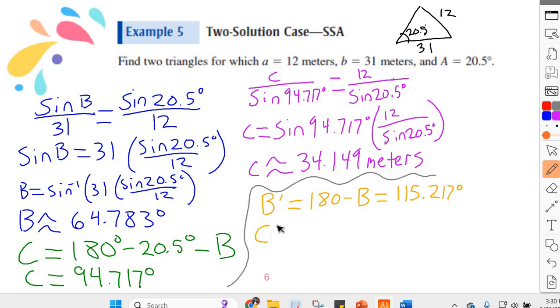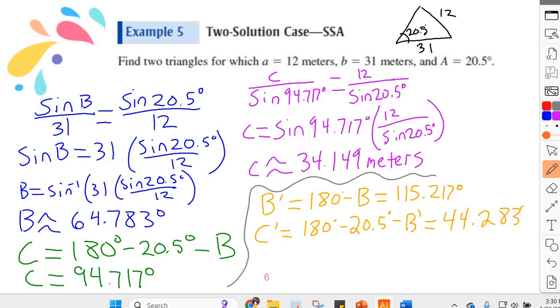And then again, we got to find our second option for C now. And what do we get there? 44.283. Is that a valid angle?